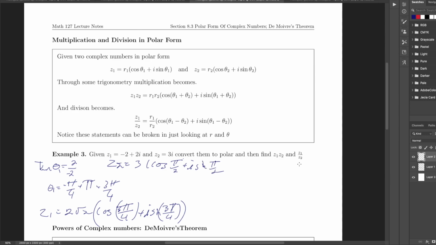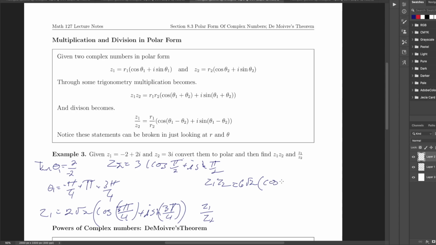So let's do z1 z2 here, and we'll do z1 over z2 here. Here we're just going to multiply these two together. 3 times 2 times square root of 2 is 6 square root of 2. And then we're just going to add the angles.